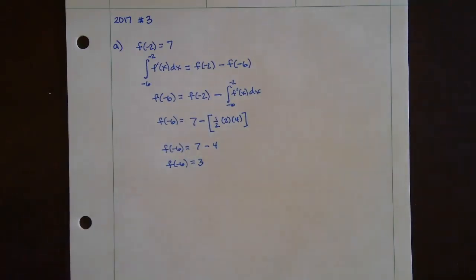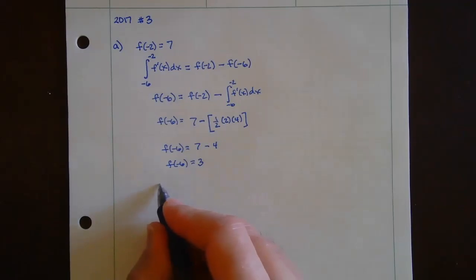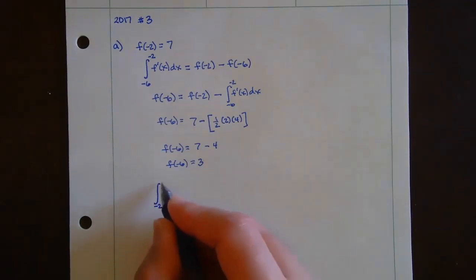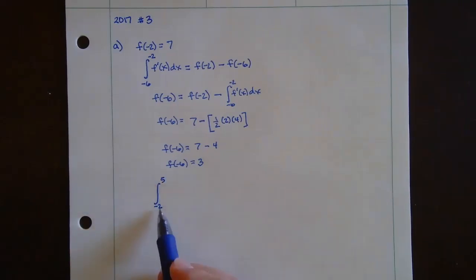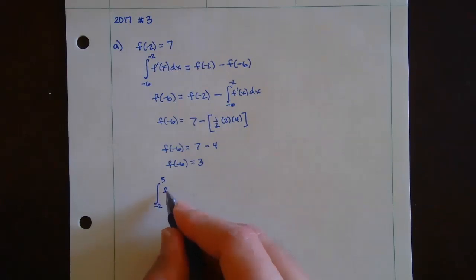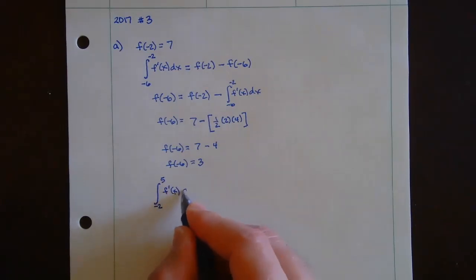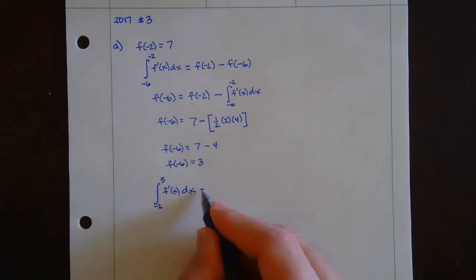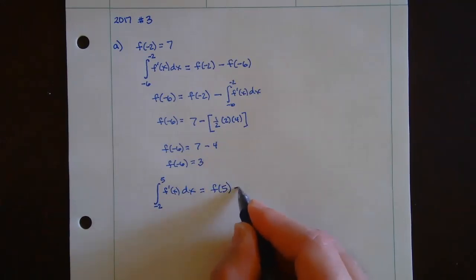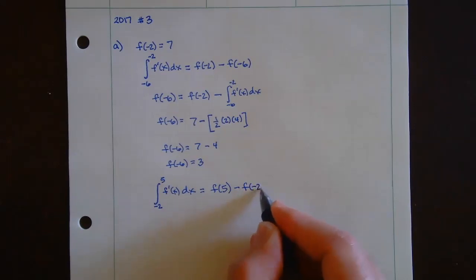So for f of 5, this time I'm going to go from the integral from -2 to 5. Now, why am I always using -2? Because I know that value. So f prime of x dx, and I know that's going to have to equal f of 5 minus f of -2.